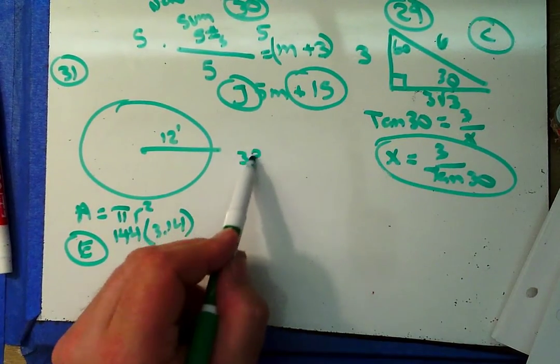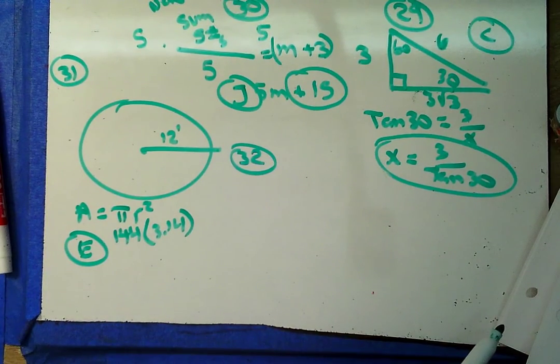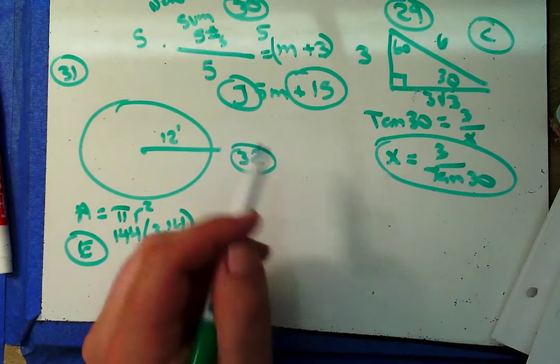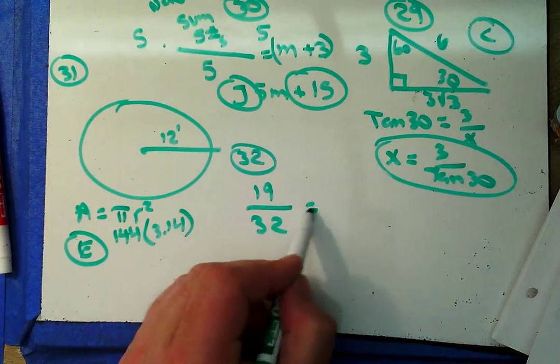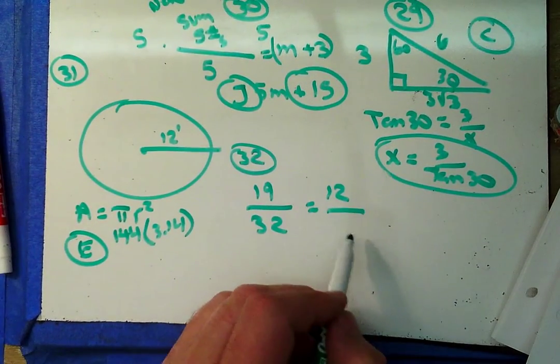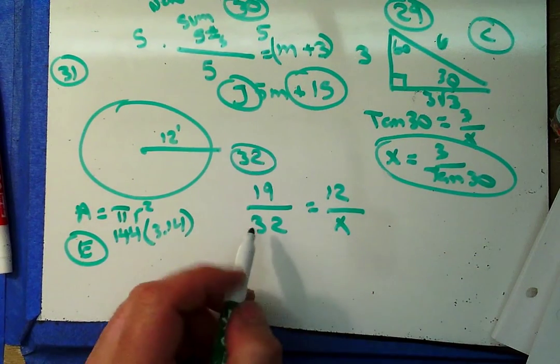Okay, 32. 32 up here says television screen. Chad had a 19-inch screen. The screen appeared 12 inches. Okay, so we've got 19 to 32, and 12 inches on the 19-inch screen would be how many inches on the 32-inch screen?